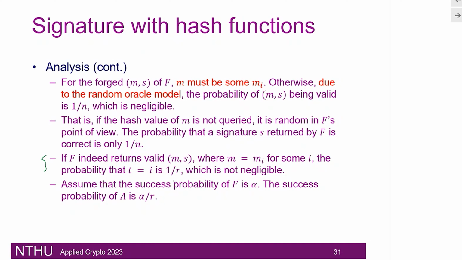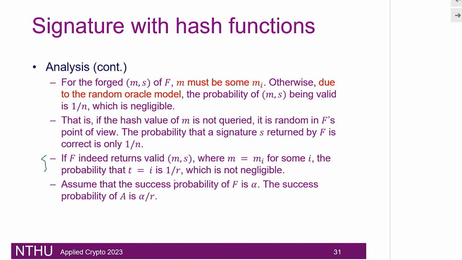And then let's say that he would be able to do that and answer for some queries, so the valid signature that we can utilize is 1 over r. You see that we choose t to be the index where we embed our hard problem, and then we expect that he answers, we can embed our hard problem there, and we get the signature for that specific row.